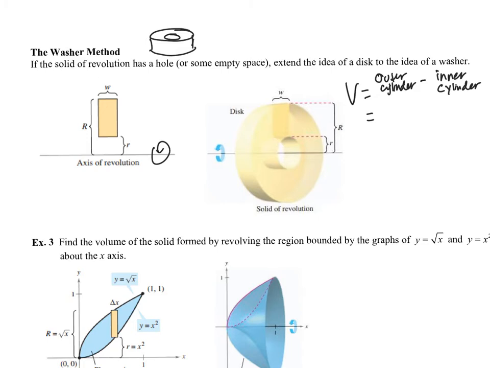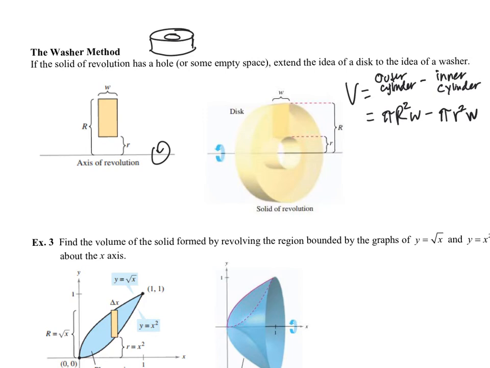So we're going to take pi times capital R squared times W. That's the area of the base of this outer cylinder times its height. And then we're going to subtract from that the volume of the inner cylinder, which would be pi times little r squared, times W. It would have the same height as the outer cylinder.